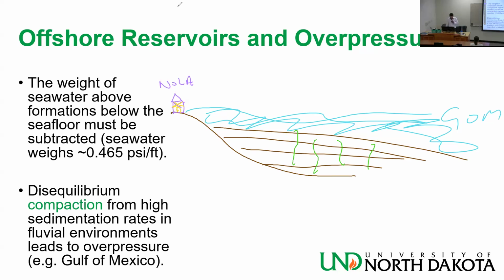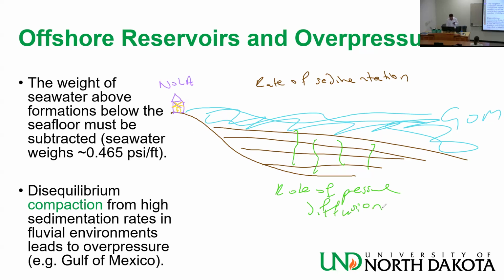We call this, with brown, the rate of sedimentation. And with the green, we're going to call it the rate of pore pressure diffusion, which is basically fluid migration upwards.